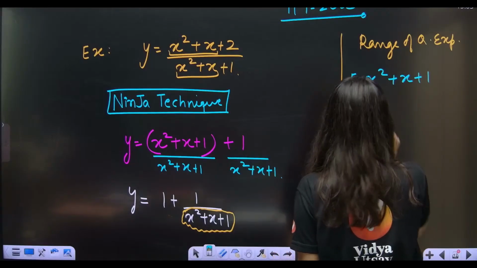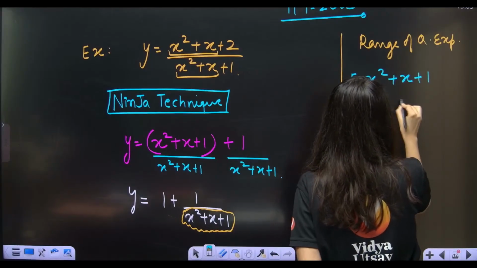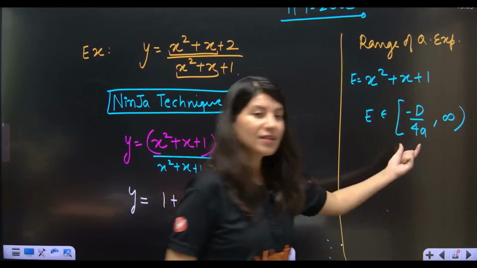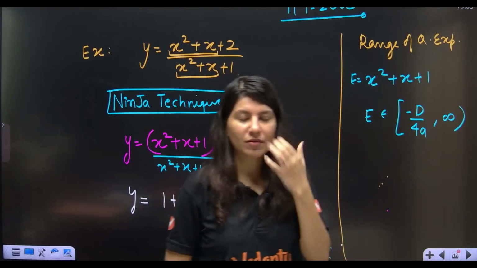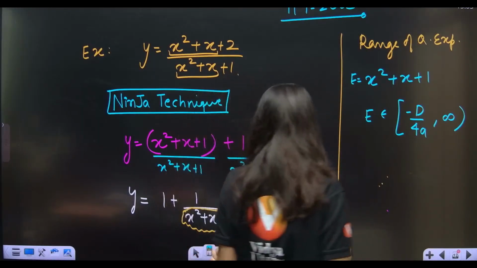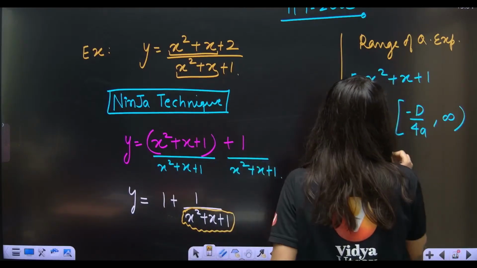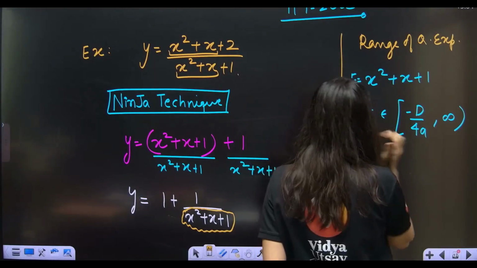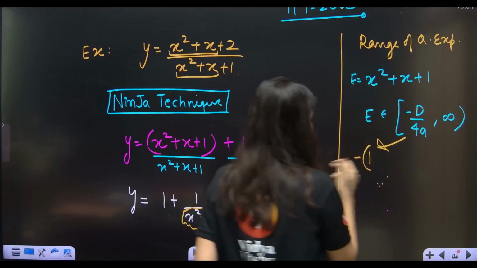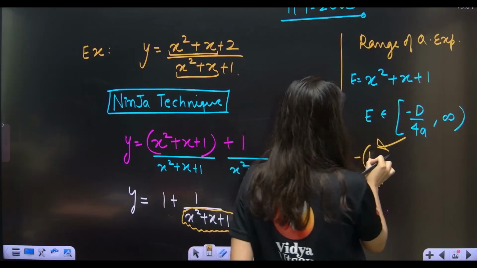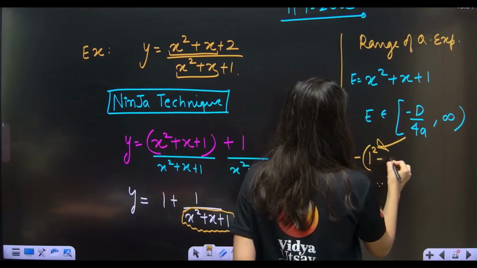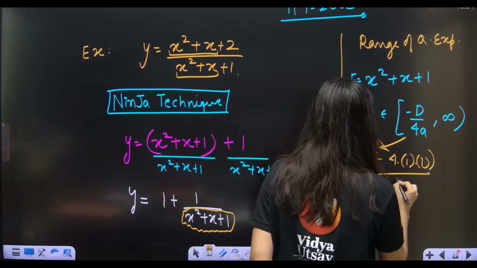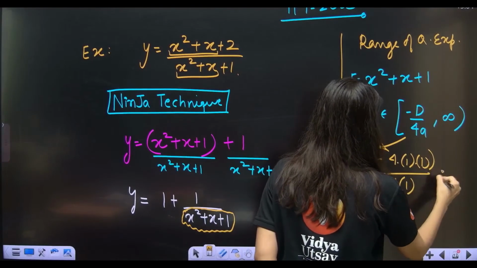So expression E belongs to minus d by 4a to infinity. It will have a minimum value minus d by 4a, and the maximum value will be infinity, or I can say the maximum value is not even defined. All right, so b square, b is 1, minus 4 into a into c, whole upon 4a, to infinity.